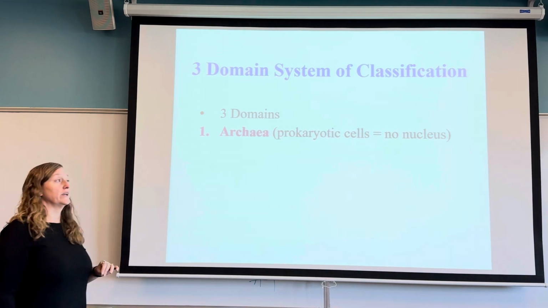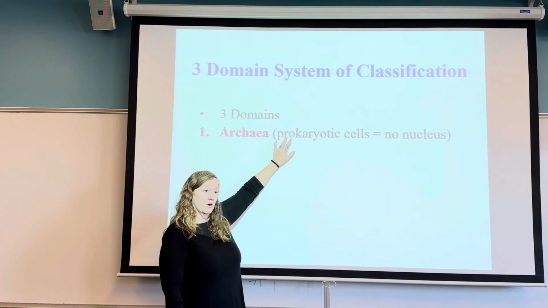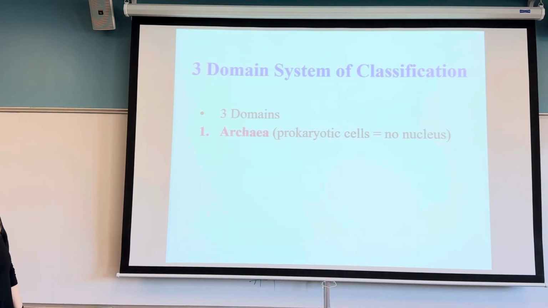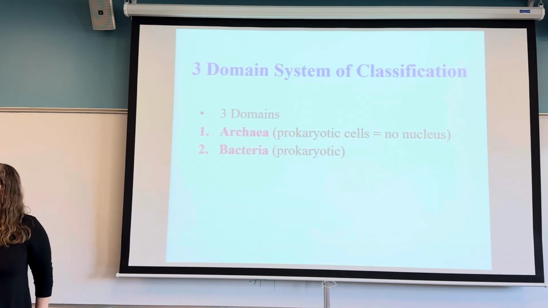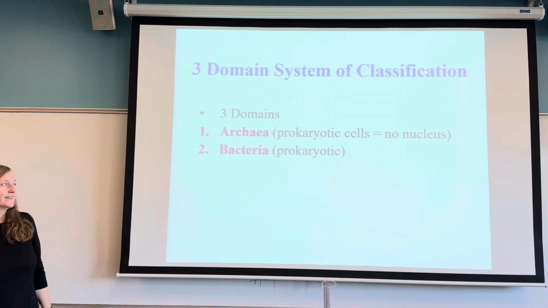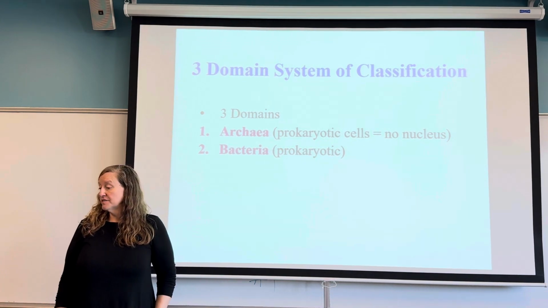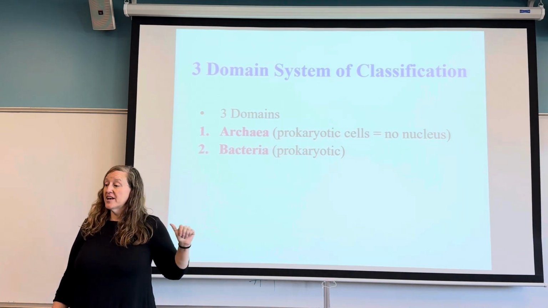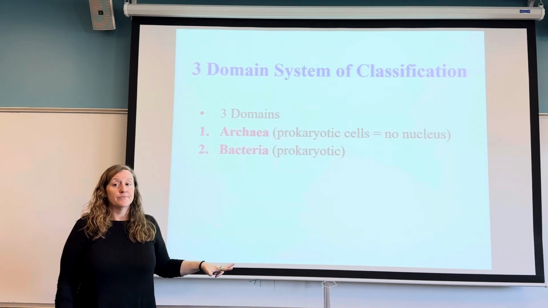They have no nucleus. Bacteria, excuse me, that domain is also prokaryotic. They also evolved before the nucleus evolved. Both of these groups are single-celled, simple, and have been around for a really long time.